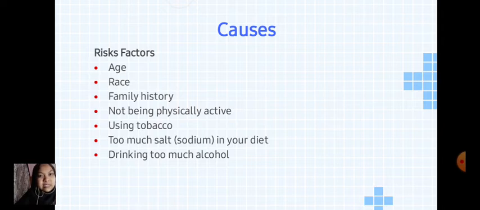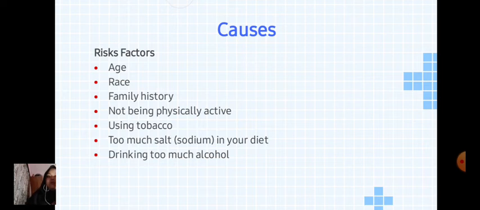And then using tobacco. Not only does smoking or chewing tobacco immediately raise your blood pressure temporarily, but the chemicals in tobacco can damage the lining of your arteries.